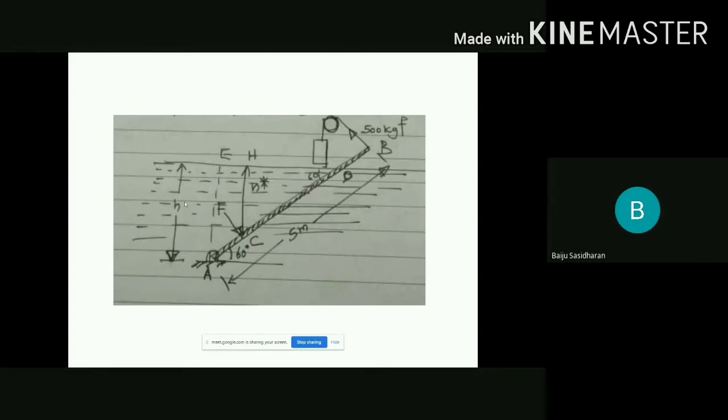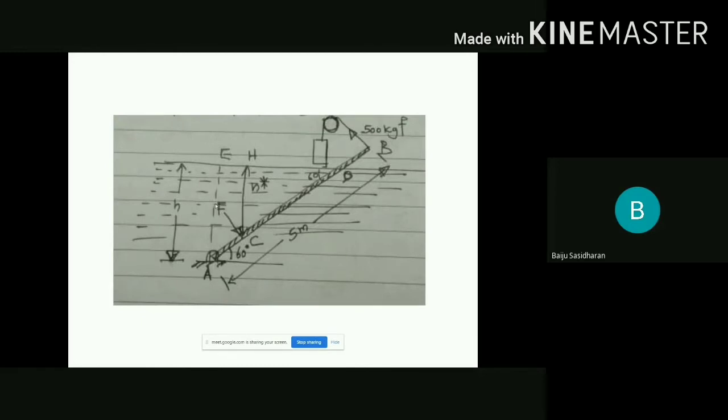Suppose it is in equilibrium condition, that is, there is no movement for the gate. So what are the conditions? Already we studied in our engineering mechanics: the sum of horizontal forces equal to 0, the sum of vertical forces equal to 0, and the sum of moments equal to 0.